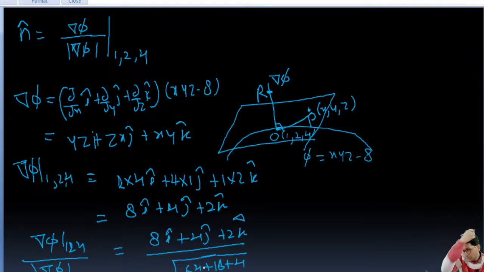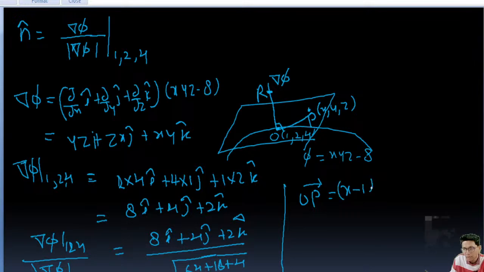Now we can see that OR and OP are perpendicular to each other. So we'll find OP. Vector OP is going to be x minus 1 i cap plus y minus 2 j cap plus z minus 4 k cap. So this vector we have found.